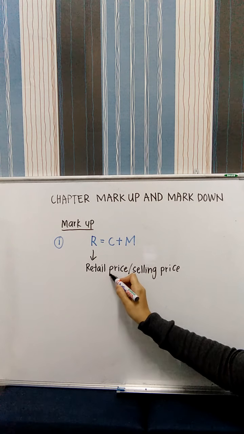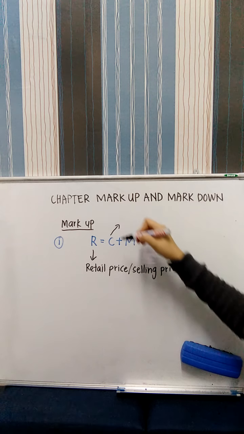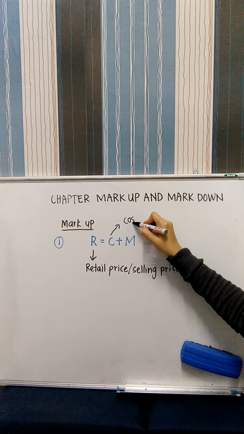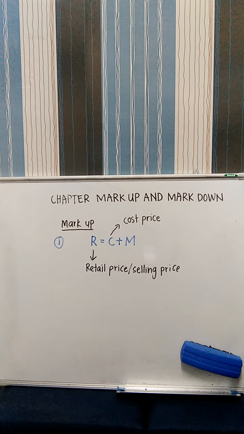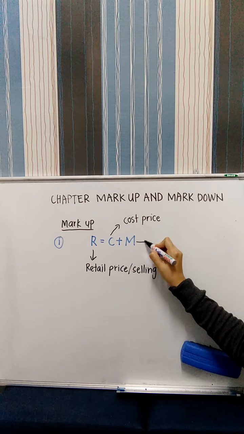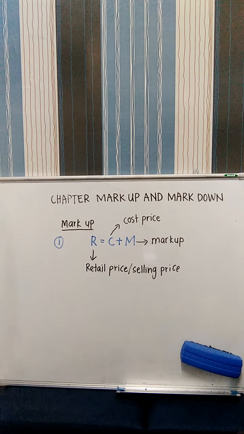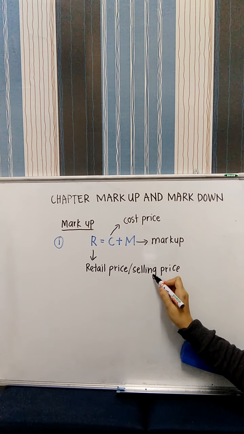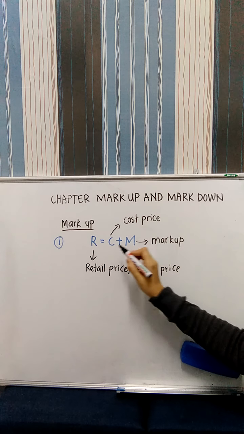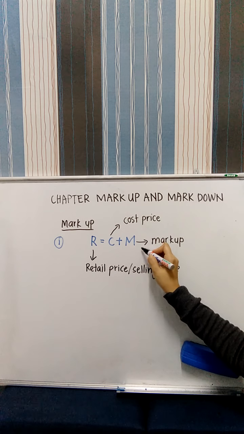R is retail price or selling price. And C is the cost price for the item or for the product, and M here is the markup. It means the selling price of the item must be cost price plus markup.